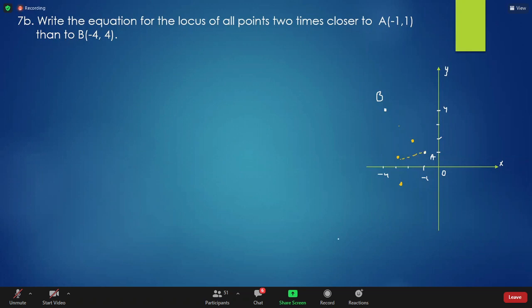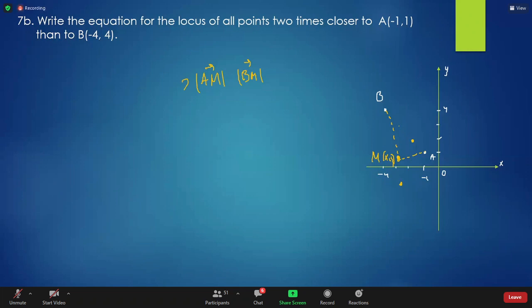So the distance to A from the point M(x, y) is 2 times closer than to B. This means, in principle, that if we compare the lengths of the vectors AM and BM, the vector AM is 2 times shorter than the vector from B to M. In other words, the length of BM is 2 times the length of AM. So this is where we have to be careful and put 2 in the correct place.